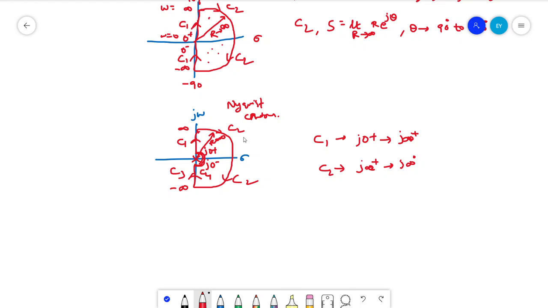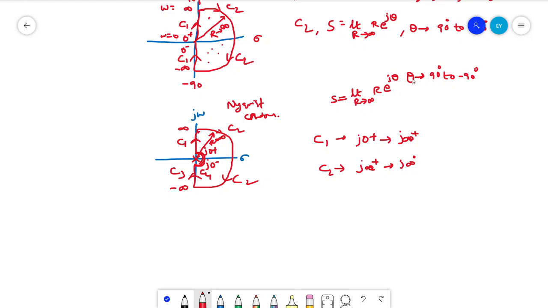Here we take infinity frequency, and s is equal to limit r tends to infinity, r into e power j theta, where theta will vary as in the above case, from 90 degrees to minus 90 degrees.